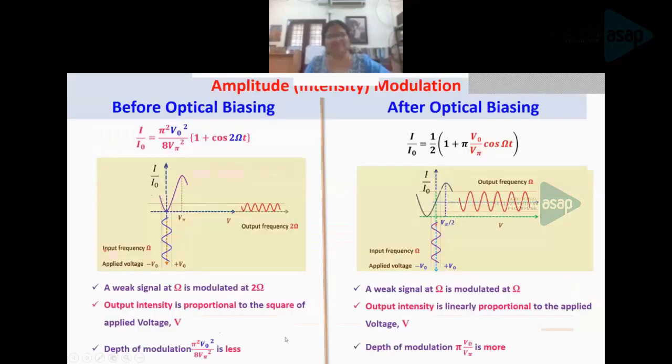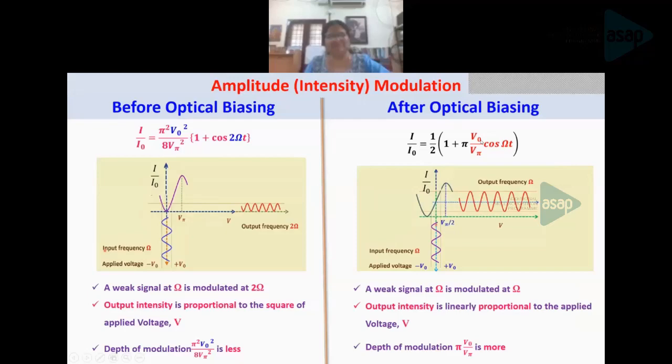Now we can compare what was there before optical biasing and what is there after. This is the transmission factor before biasing, and now the transmission factor will become this. From this equation, it is clear that before biasing it was proportional to V0 square, and now it is proportional to V0. Earlier it was modulated at 2 omega frequency, but now after biasing it is modulated at the same frequency.